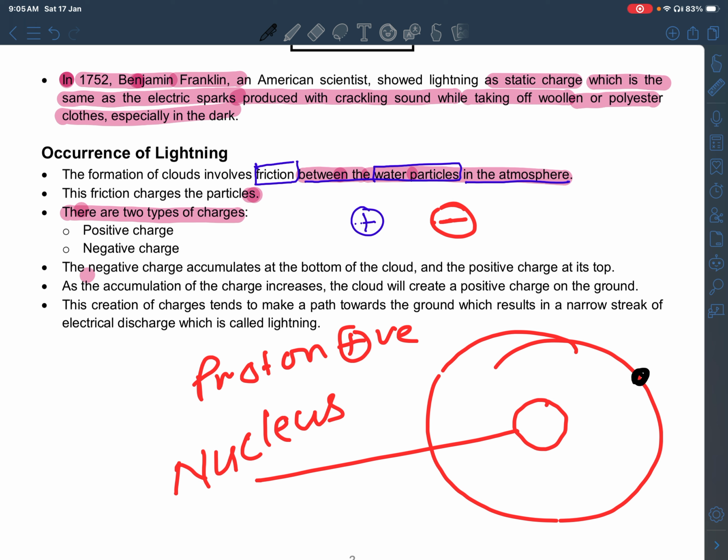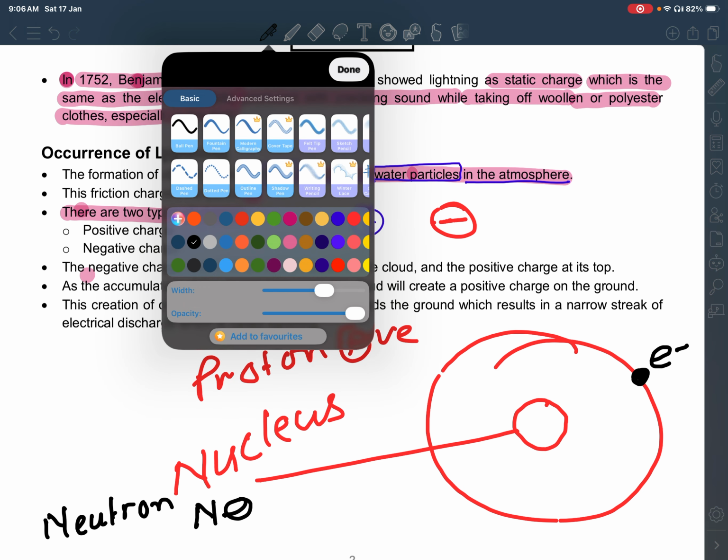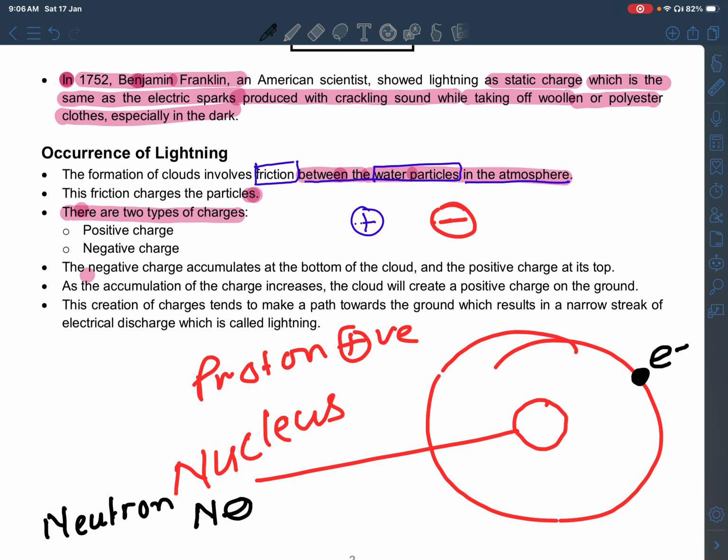And here in the orbit there's another particle called electron, which revolves around the nucleus and carries negative charge. Now, one more particle is located inside the nucleus, that is neutron, but we will discuss it later.